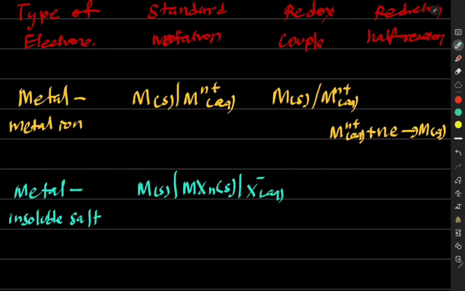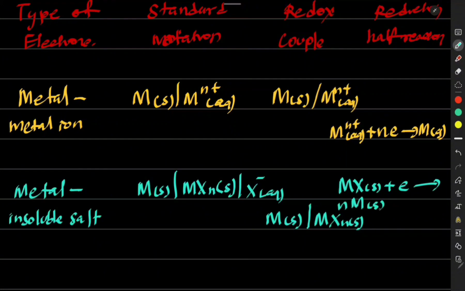And the redox couple is metal solid and salt solid. And the reduction half reaction is MxN solid plus electrons forms n number of metal solid plus X minus aqueous.